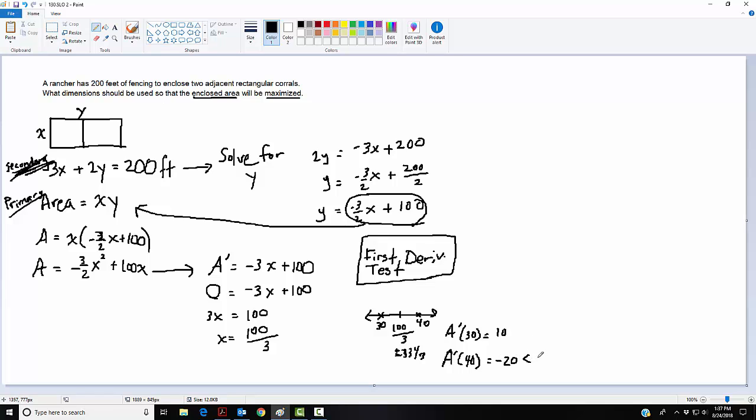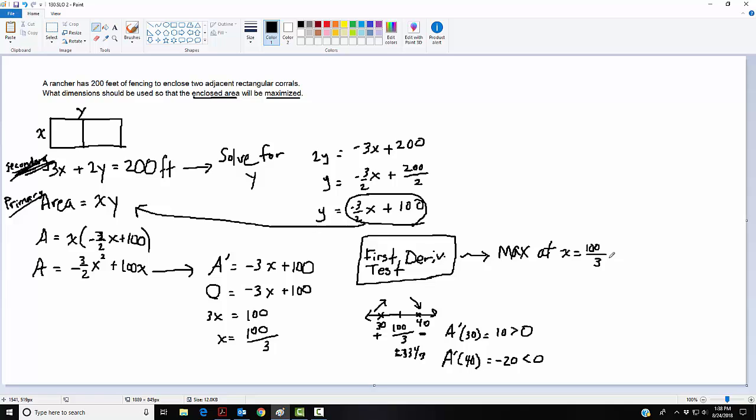So since this is less than 0 and this is greater than 0, where 30 is, it's going up because this is plus, and over here it's going down, so we have a minus. Now remember, the first derivative test says that if you increase then decrease at a particular critical point, then you do have a maximum. So this says that we have a max at x is equal to 100/3.